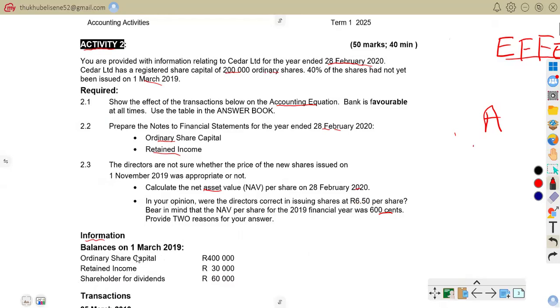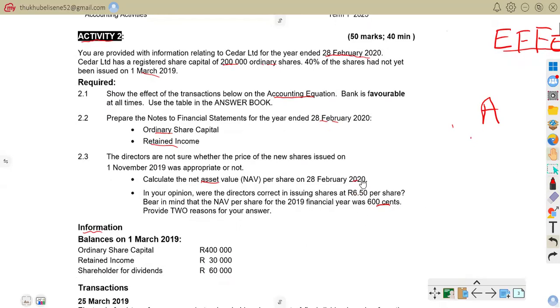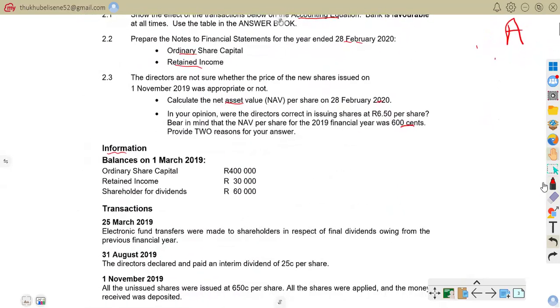So here is the information that you are going to use to do our calculations. Balances on 1st March 2019: we have ordinary share capital of 400,000, retained income of 30,000, shareholders for dividends 60,000.